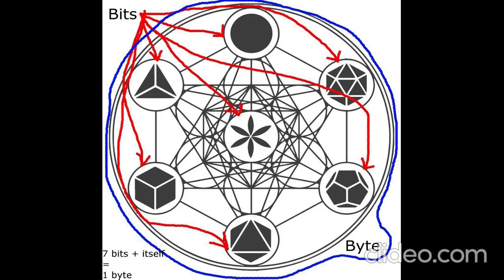All right, so if you see the arrows, the circle at top and the geometric shapes at each point each represent a bit. Because they're geometric shapes, and they can all nest together, they all have a unique side or position. You can put some type of identification on each side of each of these geometric shapes.